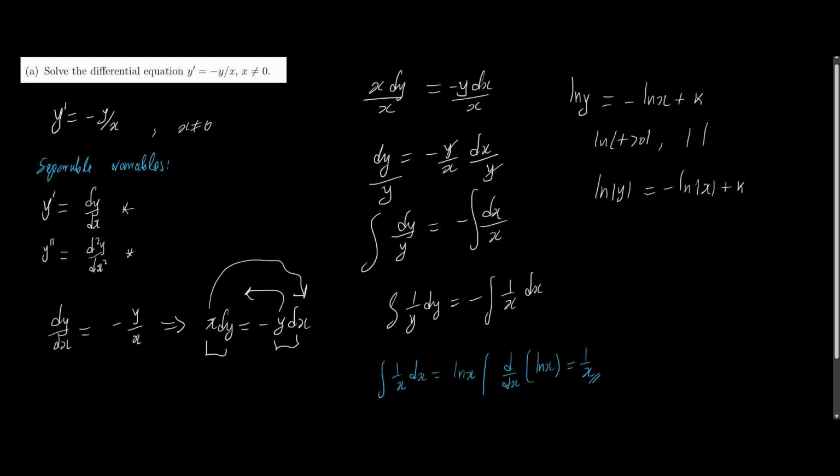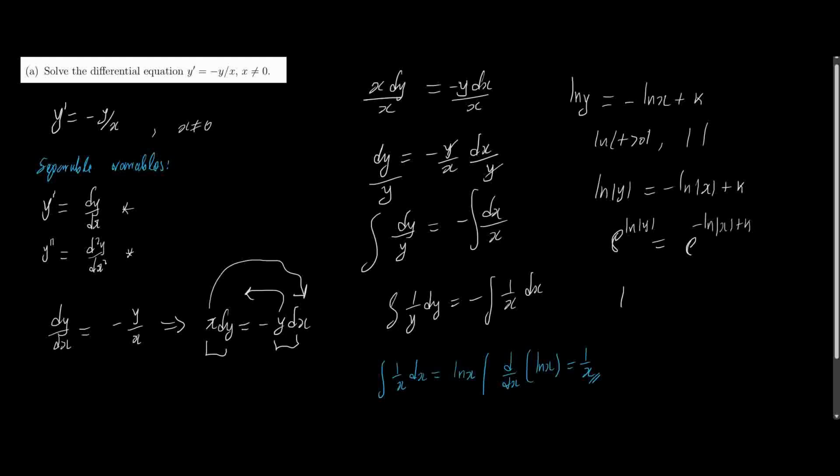To look for y, since we're solving for y, we take the inverse of the natural logarithm, which is the exponent. So this is the exponent of ln of the absolute value of y equals the exponent of negative the ln of the absolute value of x plus k.